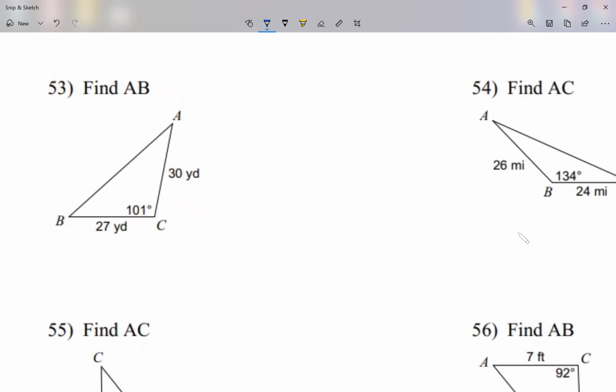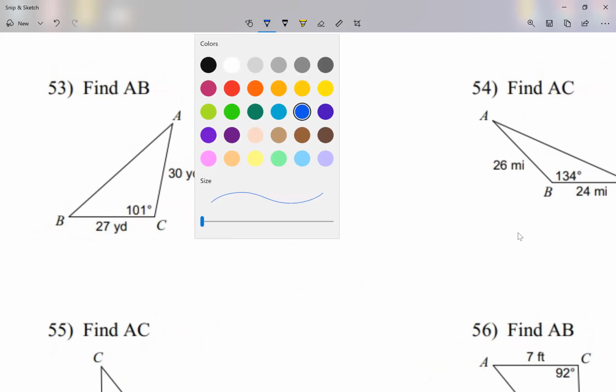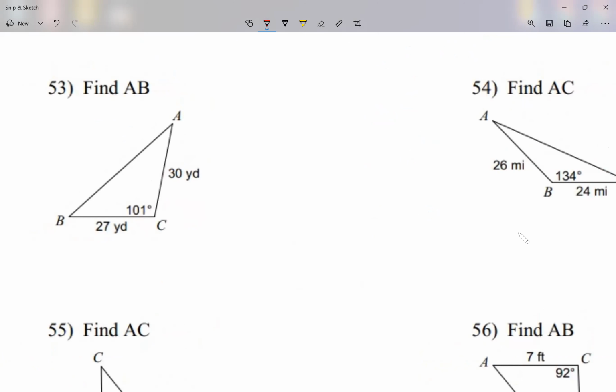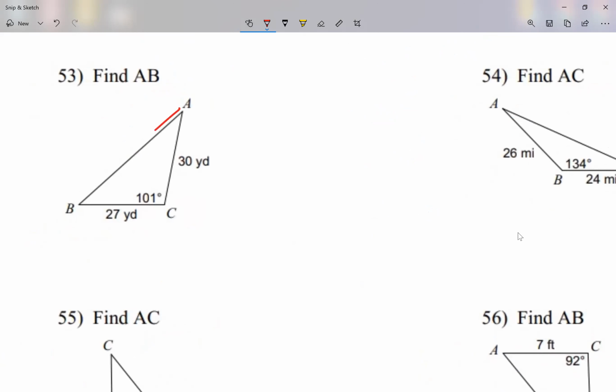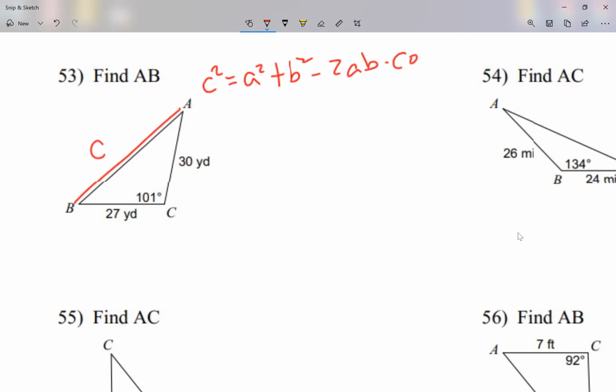So let's take a look. Here I have angle C, so I'm going to use the first formula, the one that has angle C. I'm asking you to solve for side AB. See, this is side AB, which is the one we usually call side C. So I'm going to write this as C squared. Let me just copy the formula. I know c squared is equal to a squared plus b squared minus 2 times a times b times cosine of c.